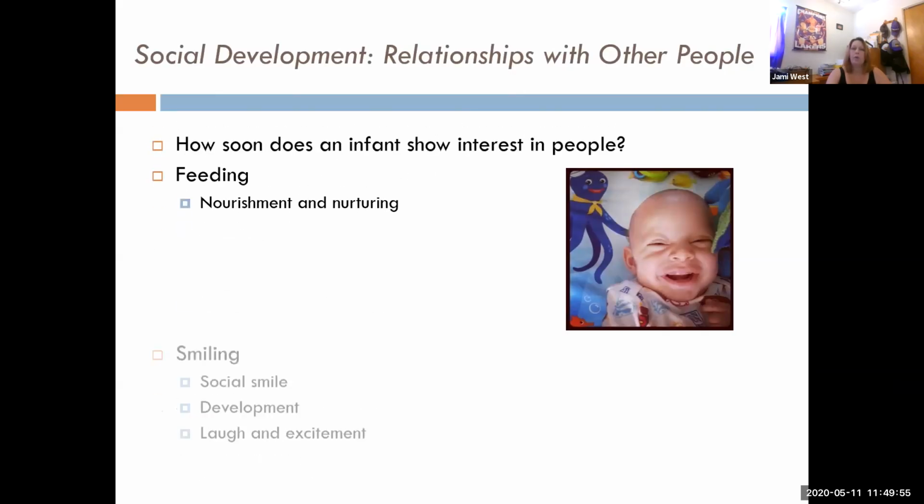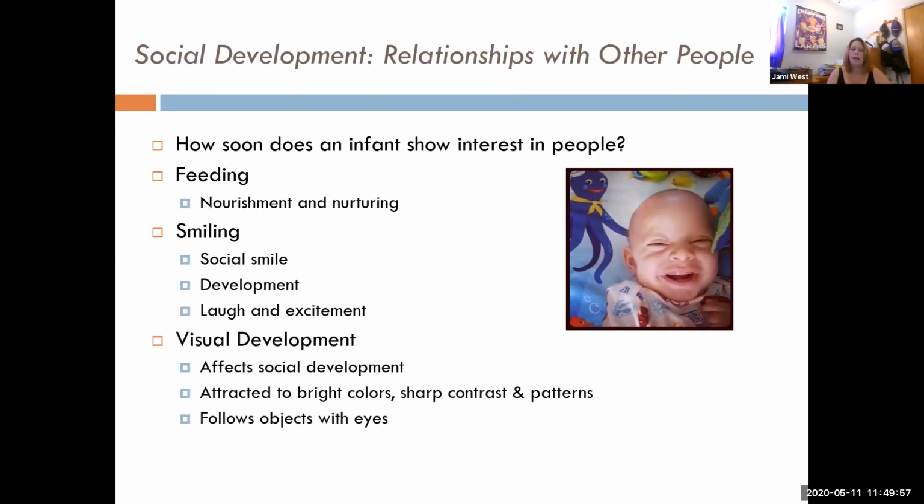Other things that are important in regards to our infants' social and emotional development, specifically social development, relationships with other people. Have you thought about how soon an infant shows interest in people?